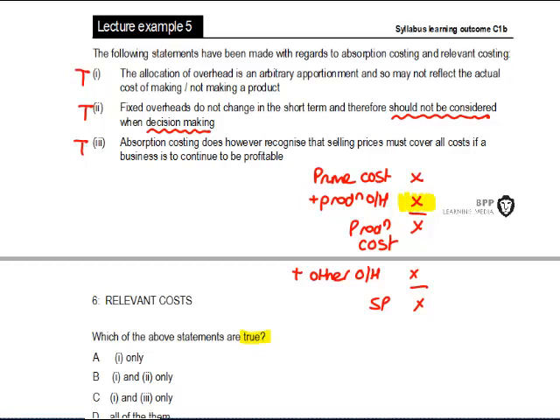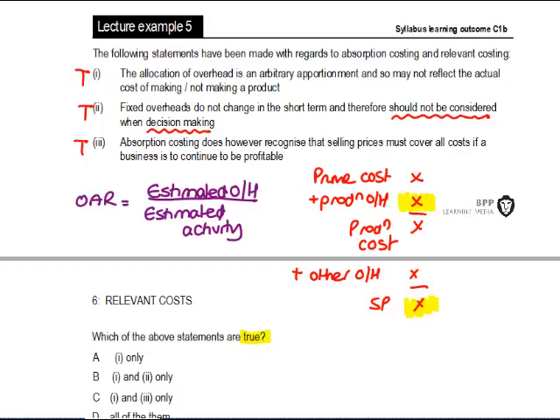When we've added in other overheads, things like admin, selling and distribution, then we come to a final selling price after adding a markup to it. So the very fact that we've included overheads within our estimation of what our selling prices need to be means that they must recognise that selling prices have got to cover those fixed overheads in order to make a profit. However, we've seen before that sometimes we get over and under absorption of overheads.